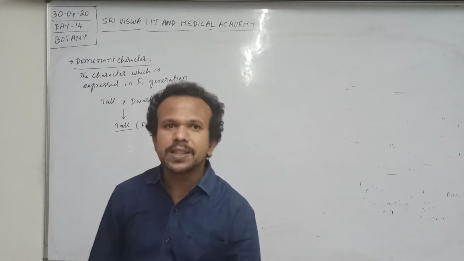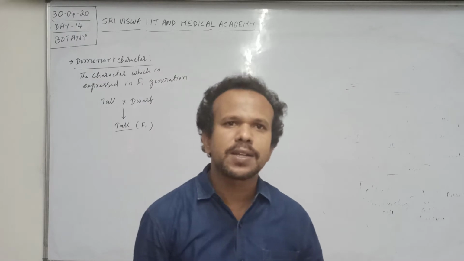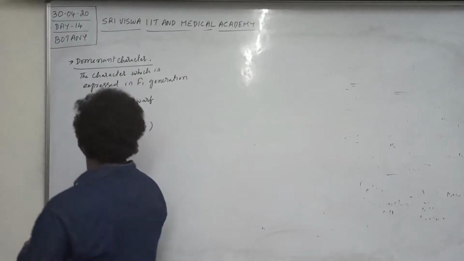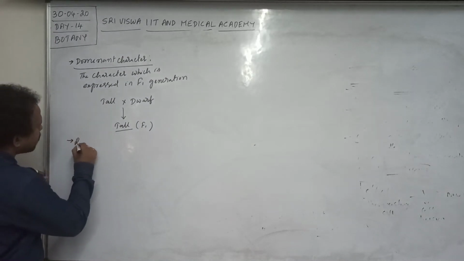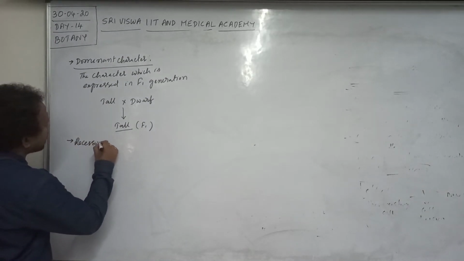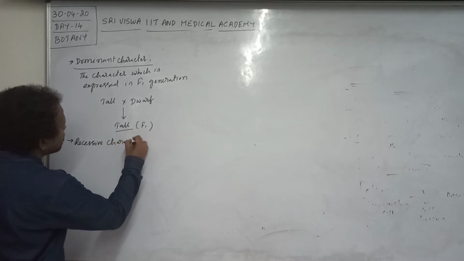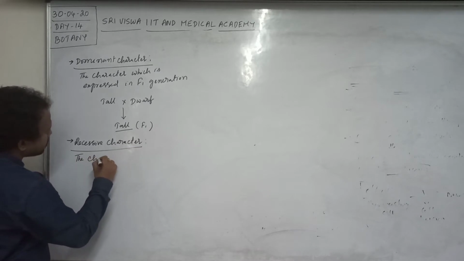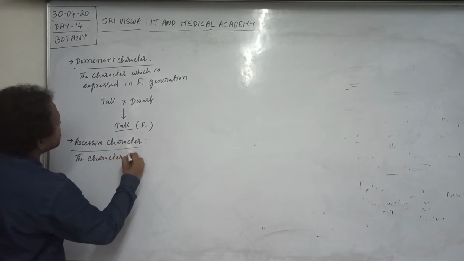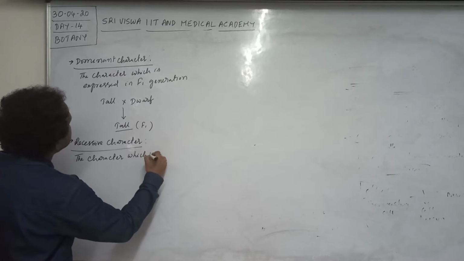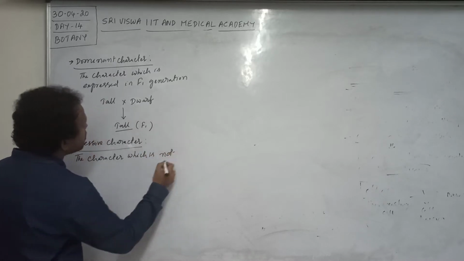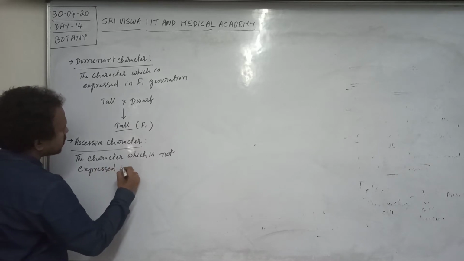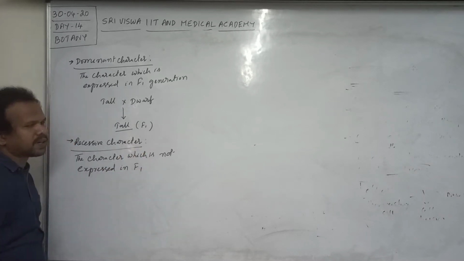With reference to the length of the stem, which is the dominant character? Tall character. Which is the recessive character? Recessive characters are the characters which are not expressed in F1.